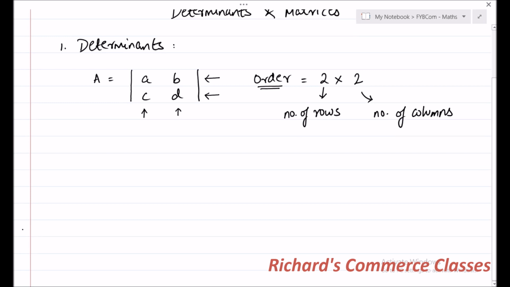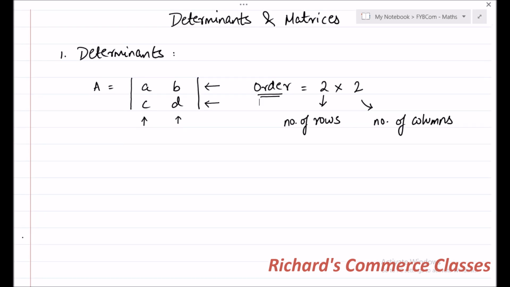Now for a 2 by 2 determinant, when we have to calculate the value, it is written as determinant of A, or it is also written as determinant A is equal to, for the above determinant, the value will be ad minus bc.